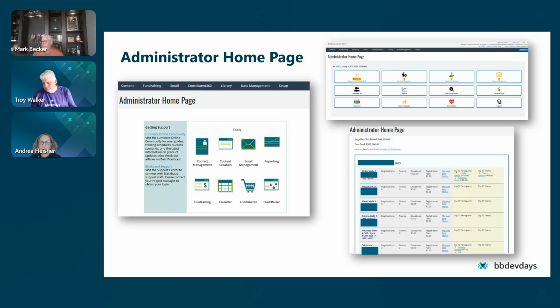And this is a custom built dashboard that just lists them all. At a glance, we can see how many registrations, how many teams. It's kind of the content you see on the TeamRaiser status tab, roughly, but it's all in one place for many, many events.